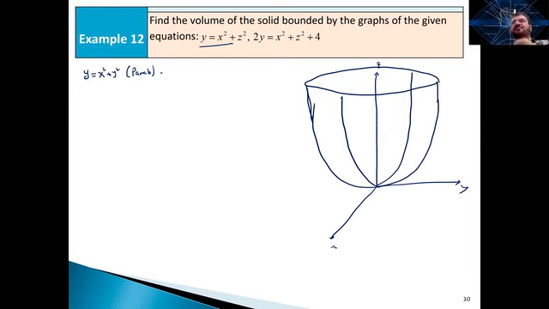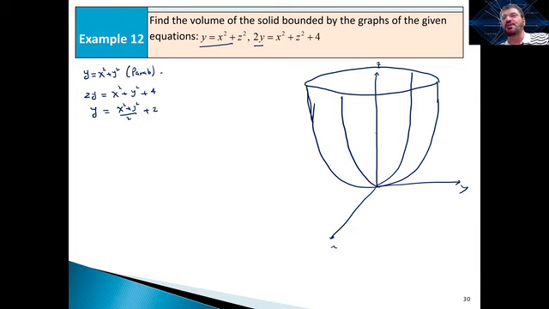That's the first one. The second one is 2y equal x squared plus y squared plus 4. Divide by 2, so y is equal to x squared plus y squared over 2 plus 2, isn't it? So this is the same one, by the way, but it's shifted 2 units up.